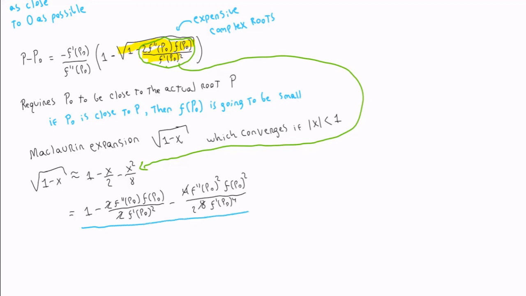This result is going to give us the quadratic approximation for the square root term. So this is how we can actually get rid of that term inside our original equation. Now we just write our original equation and replace the square root with the term that we just computed.